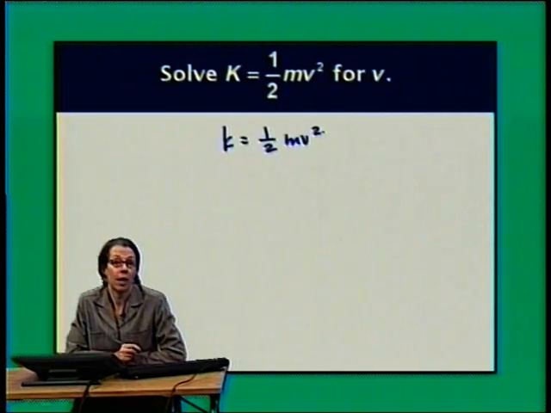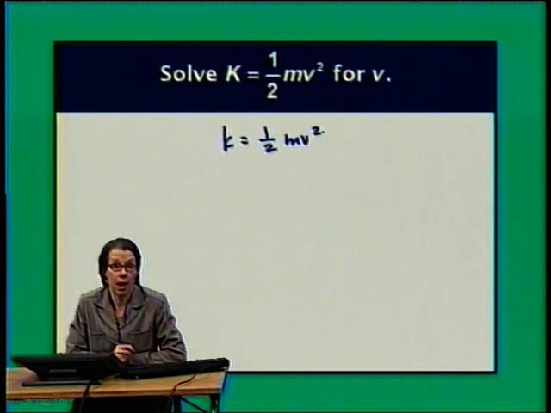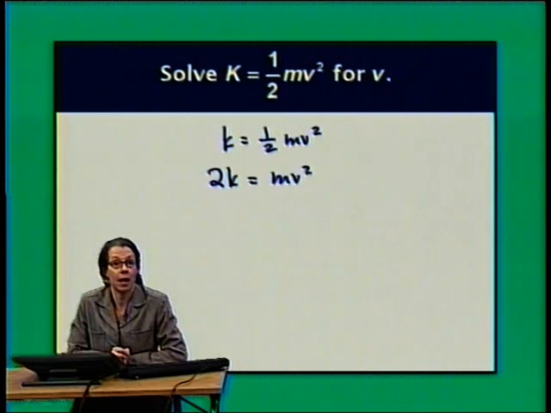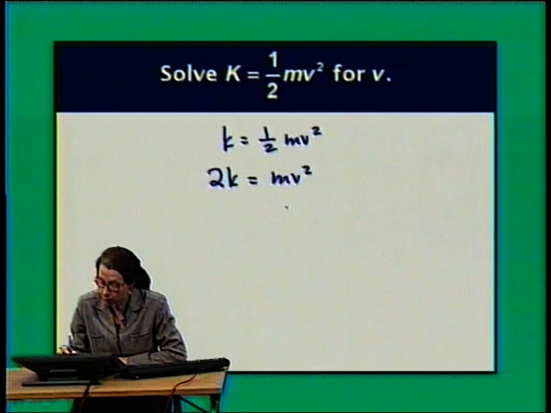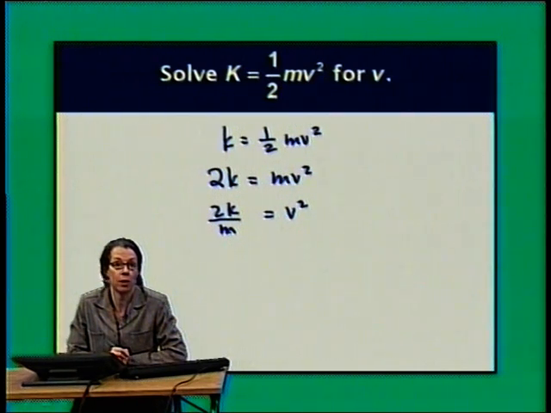Now here I want to isolate v squared. I'm going to start by clearing that fraction, multiplying both sides of my formula by 2. Now to isolate v squared, I can divide both sides of the formula by m. So now I have v squared equals 2k over m.